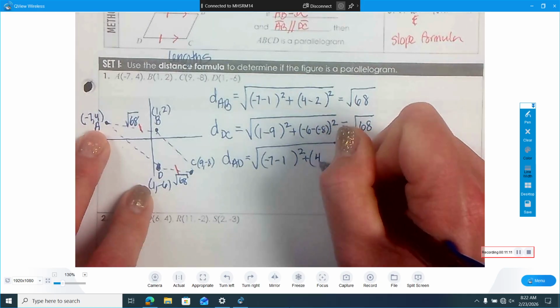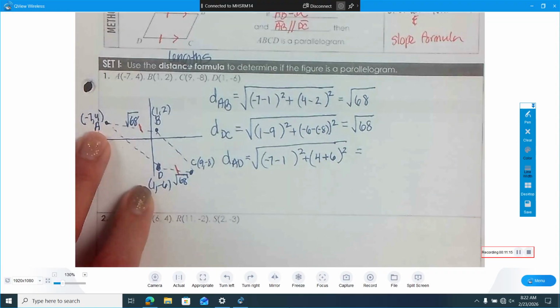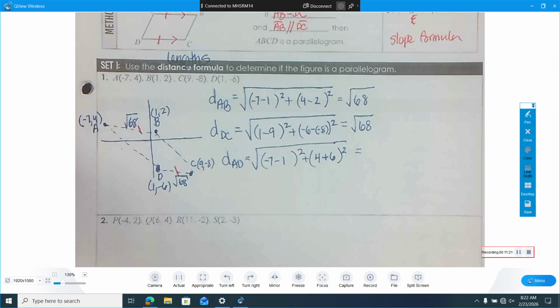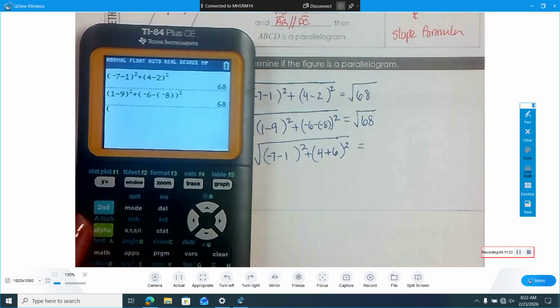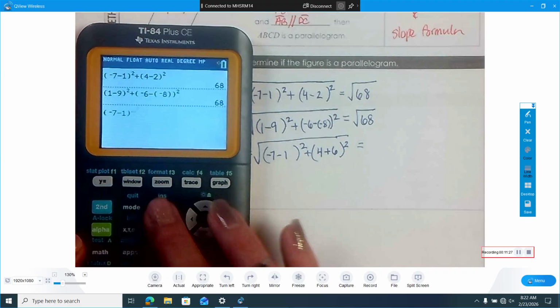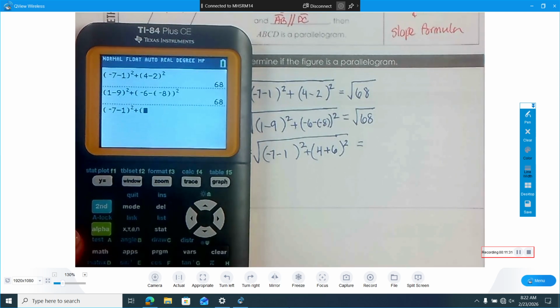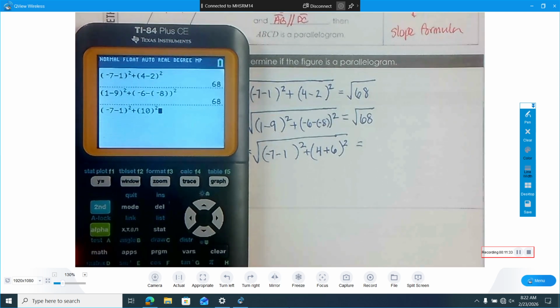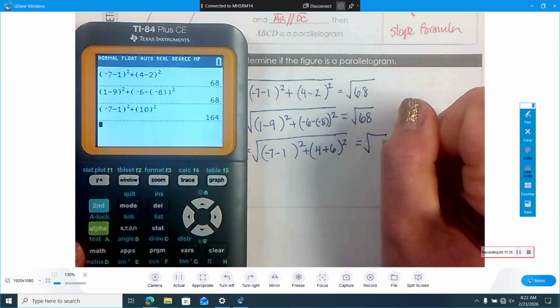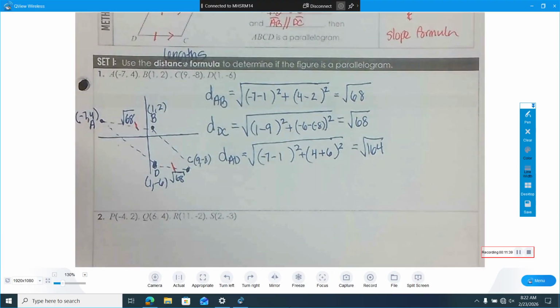That would be 4 minus a negative 6, which I'm just going to change to plus 6. All right, let's see. So I have negative 7 minus 1 quantity squared, plus 10 squared. That would be the square root of 164 underneath the radical there.